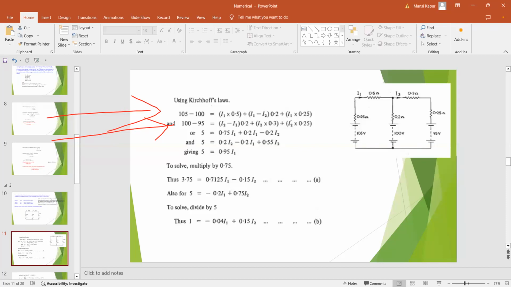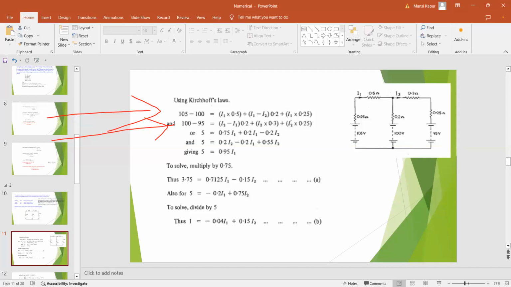Is the 105 positive or negative? 105 is showing positive here because instead of writing equal to 0, they brought it to the other side of the equal sign. We write everything to the left side, and our right side was equal to 0, right? Both are the same thing.